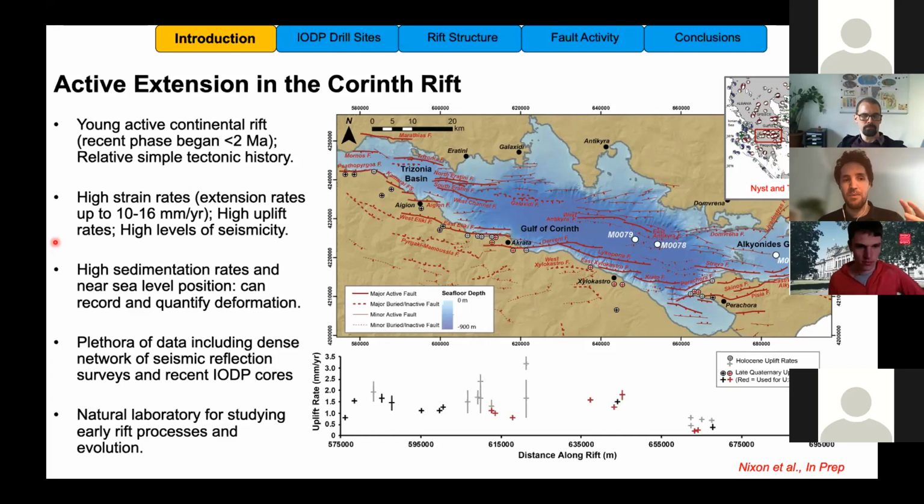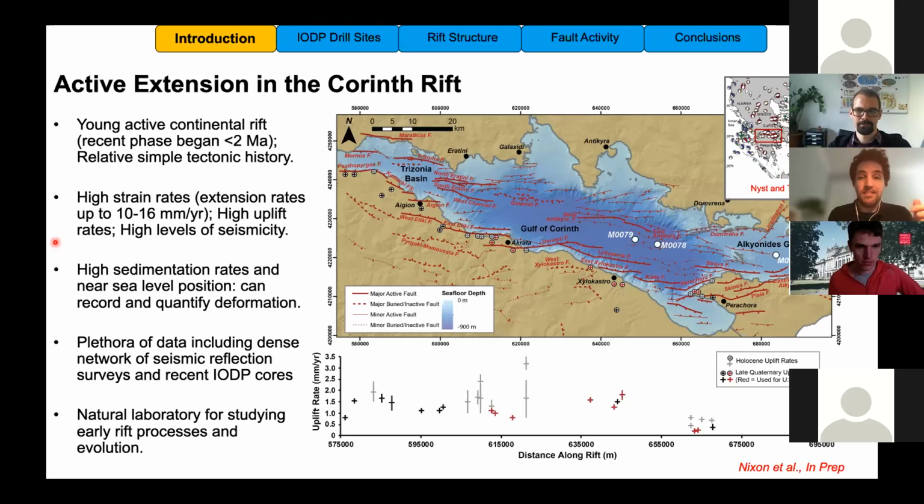And we have a massive amount of data offshore now, with a dense network of seismic reflection surveys and also the recent IODP cores, which I'll go into in the next few slides. All of this combined makes the Corinth Rift a natural laboratory for studying early rift processes at unprecedented resolutions.